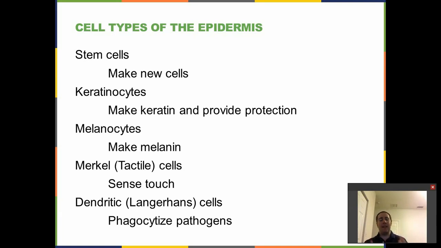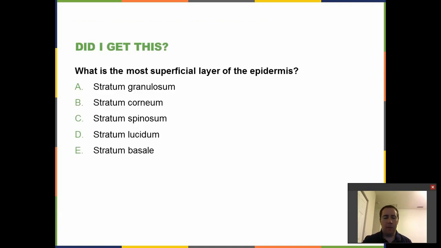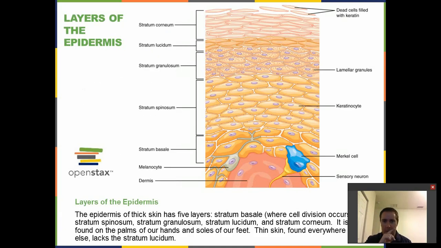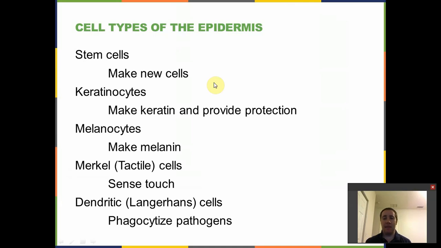So that's what a dendritic or Langerhans cell does. It is actually going to move through the cells. A Langerhans or a dendritic cell can work its way through all the little cracks here. And it's just going to spend its time patrolling, looking for something that doesn't belong there. And when it finds it, it's just going to eat it. It's going to take it in, digest it, break it down, and kill it.